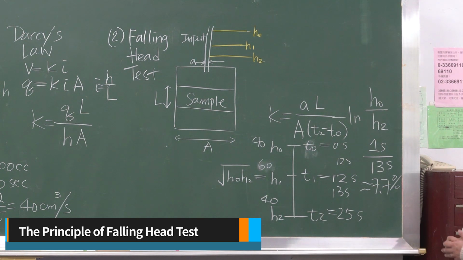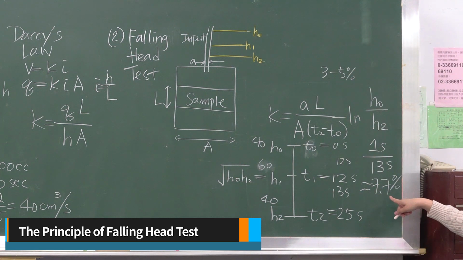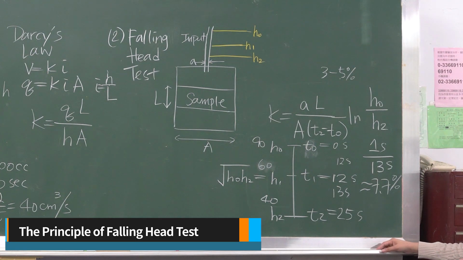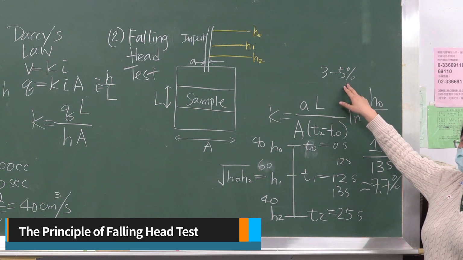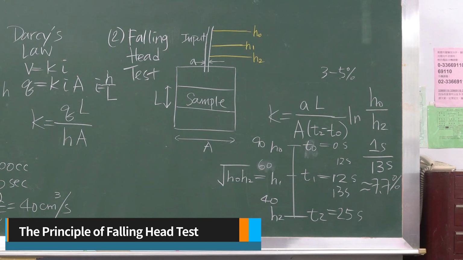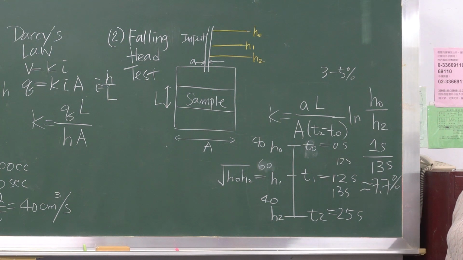In the lab manual, we have specified that this error has to be between 3 to 5%. In my example, 7.7% is obviously larger than 3 to 5%, so you have to start the test again. You will have to rerun the test until the measurement error is within 3 to 5%. From past experience, your senior students have had to perform this test 5 to 6 times before they could obtain reliable results.